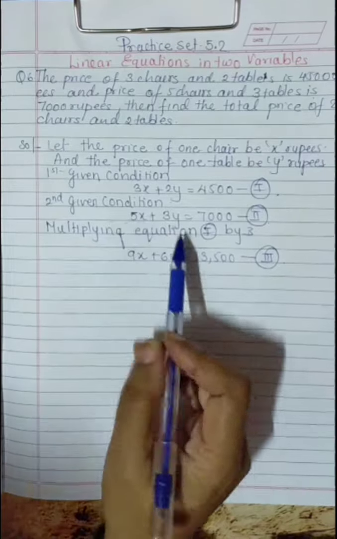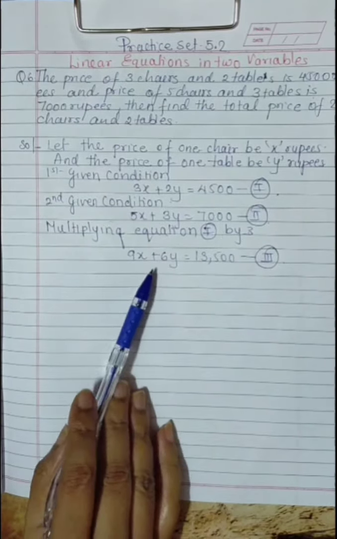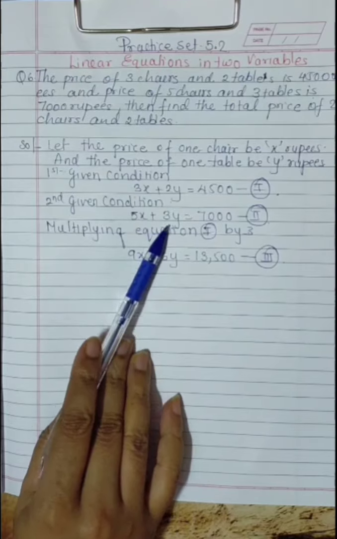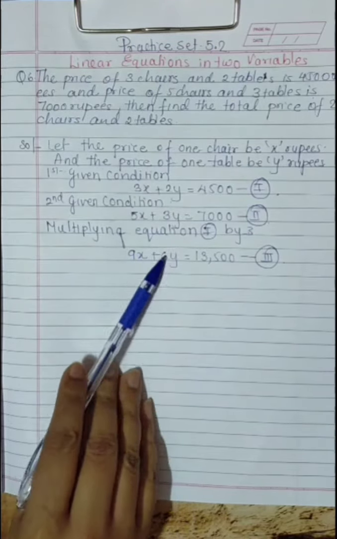Now again we will multiply equation 2 by 2 so that we will get 6y here, so that we can easily subtract and get the value.